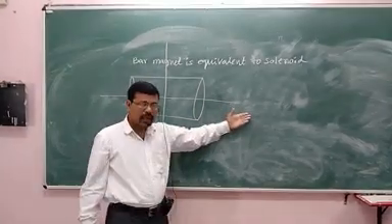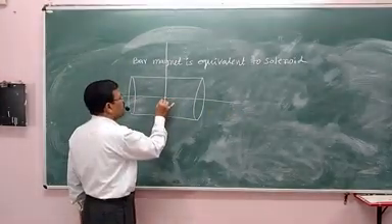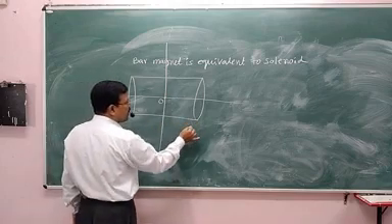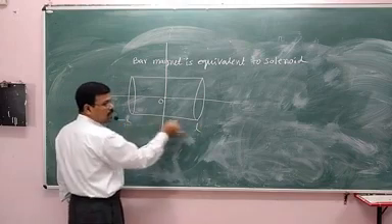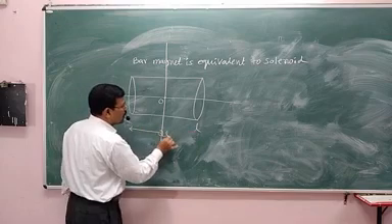This is x-axis or axial line, and here is the point. The values of x run from minus L to plus L. The total length of the solenoid is equal to 2L.